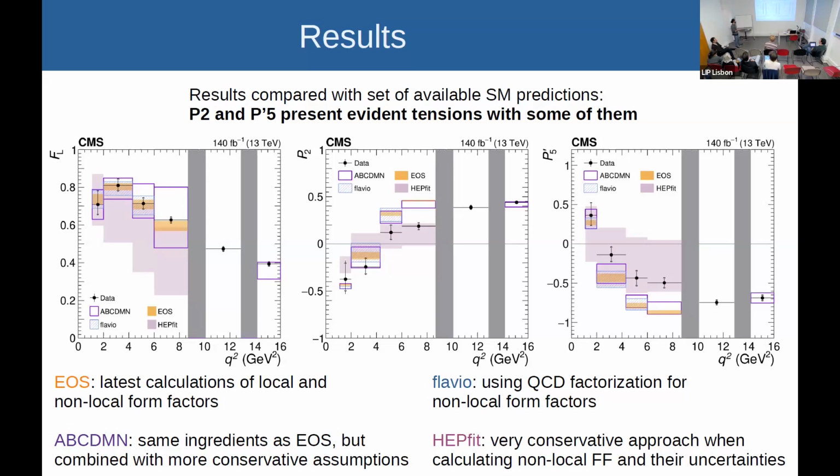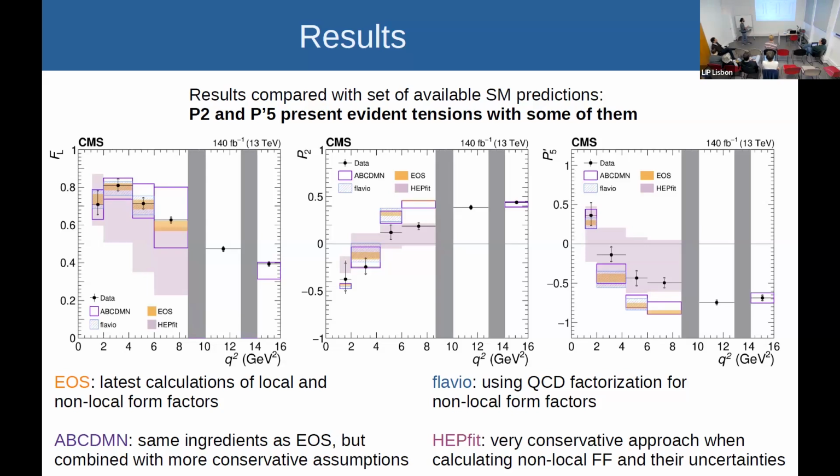Okay, then this is the overview of the predictions. What we can see is that for P2 and P5 prime, I chose them on purpose because they present some tensions in the low q square area, especially just below the J/psi resonance.